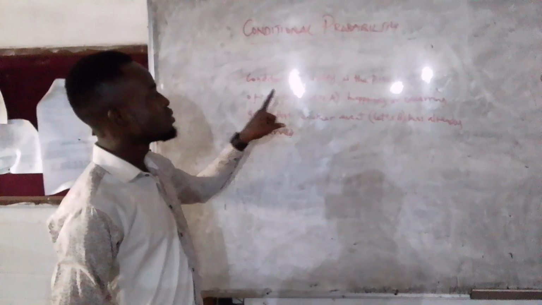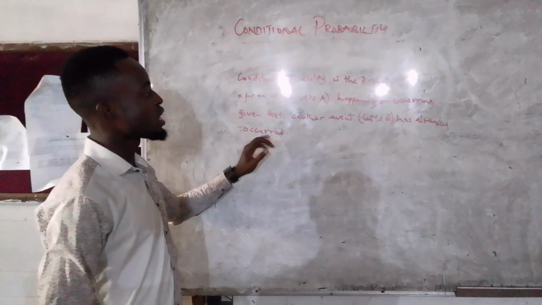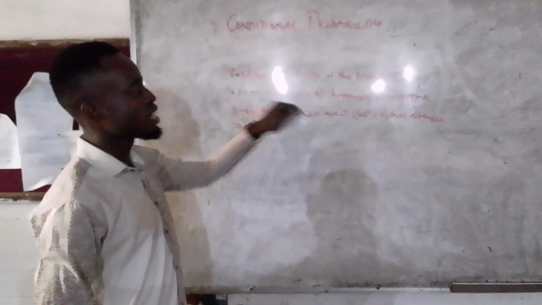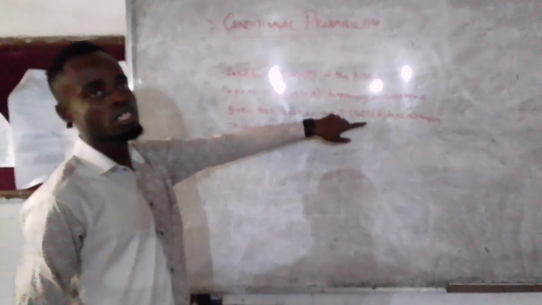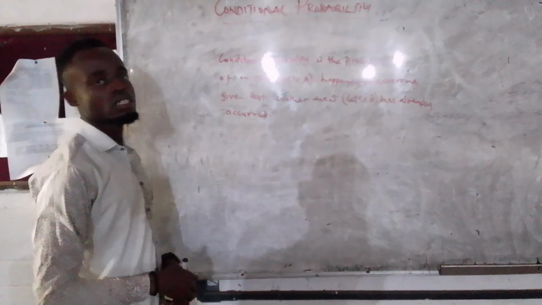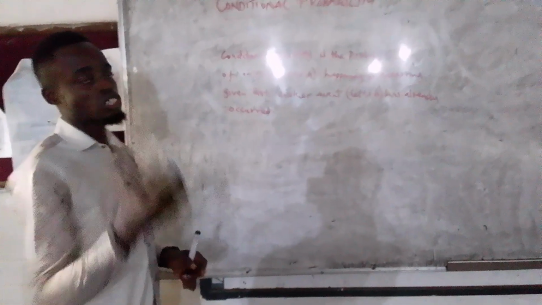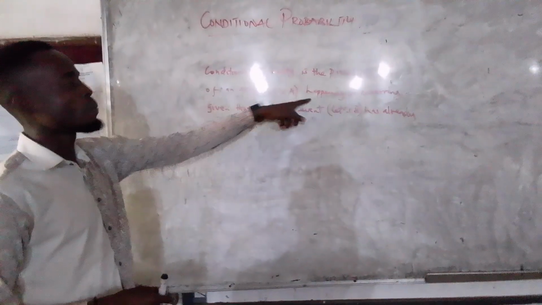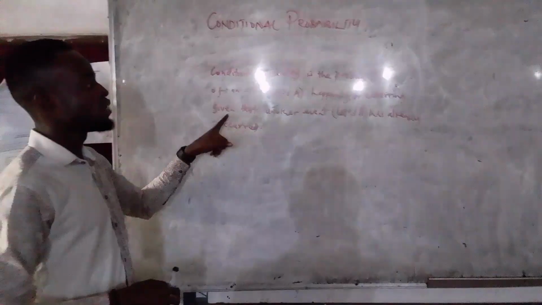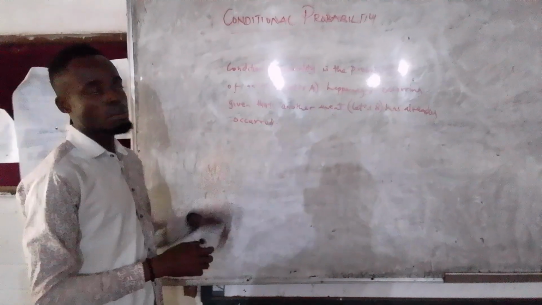So conditional probability is the probability or chances of an event A happening, given that another event B has already occurred.